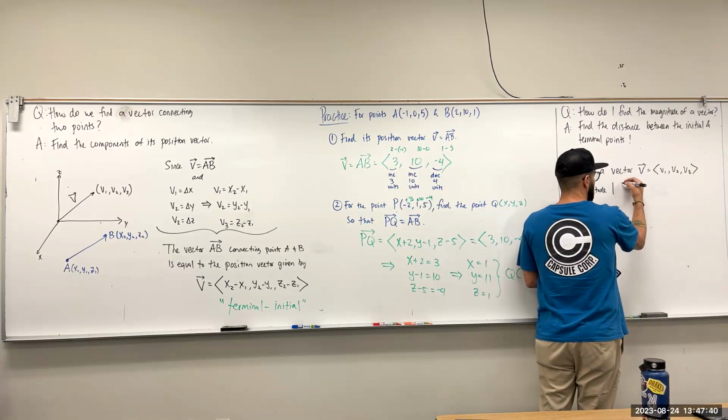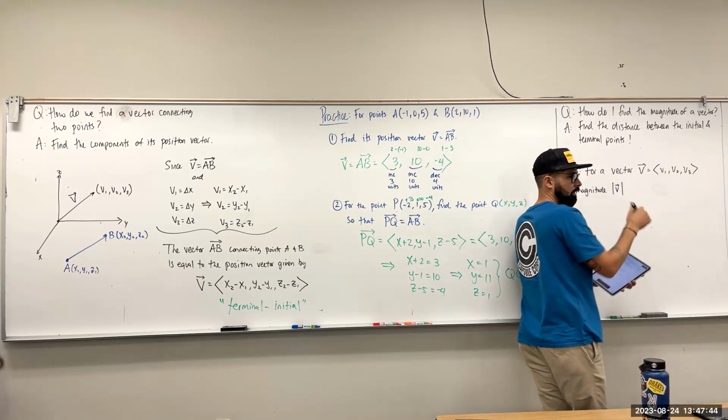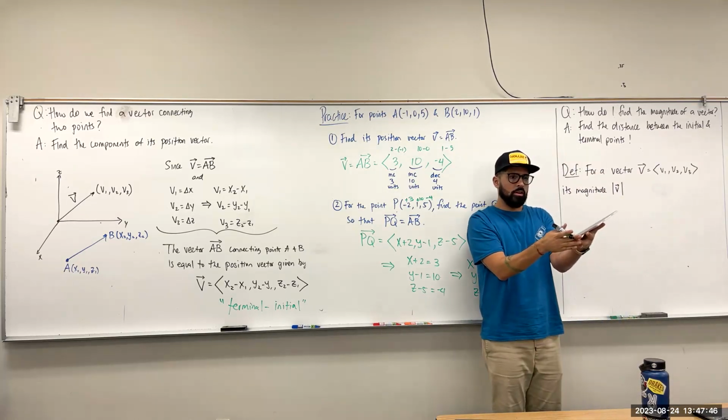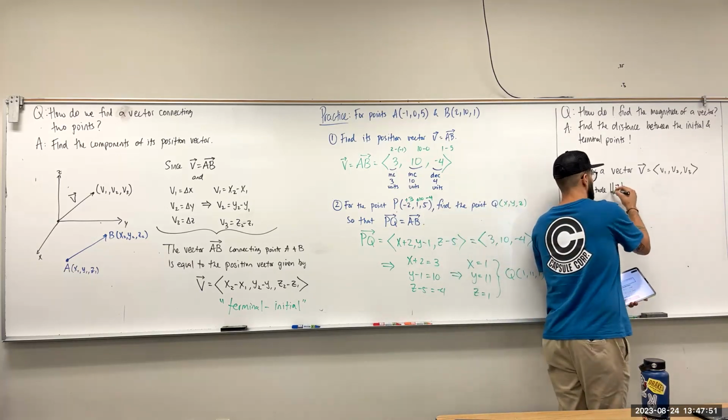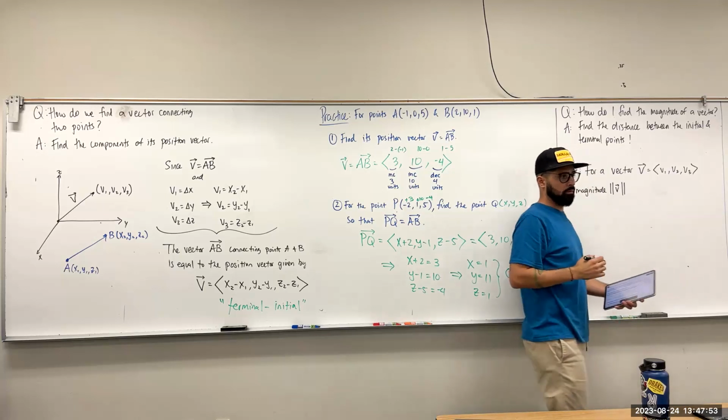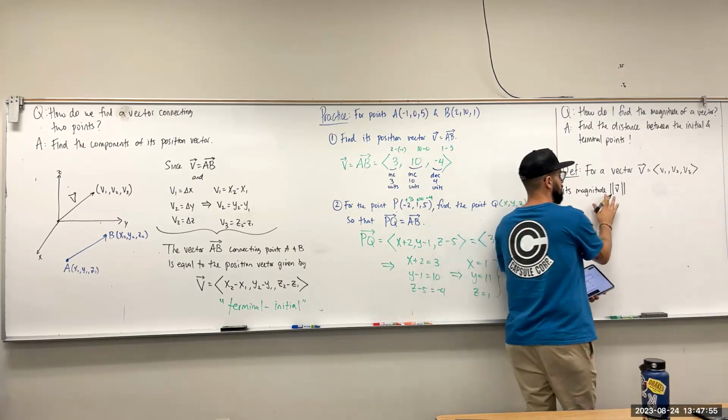You know how when we wrote absolute value, it looked like that? And absolute value was kind of telling you how far a number was from zero. But for a vector, we use a double absolute value symbol. And now it means magnitude versus absolute value.